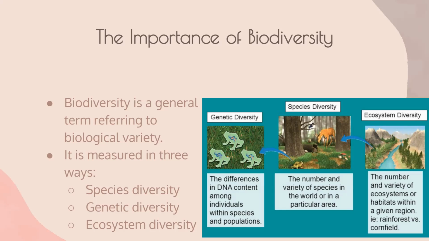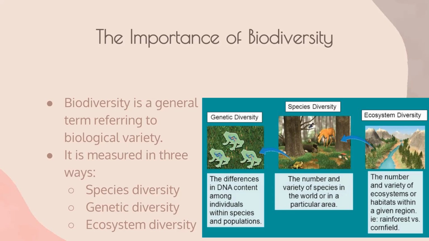The other type of biodiversity is ecosystem diversity. So you can see that on the right side of the image. And what that means is the number and variety of ecosystems within a region or actually on Earth. So when you think of the entire planet, we have so many different types of ecosystems.